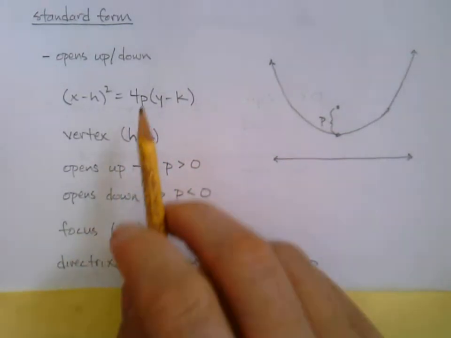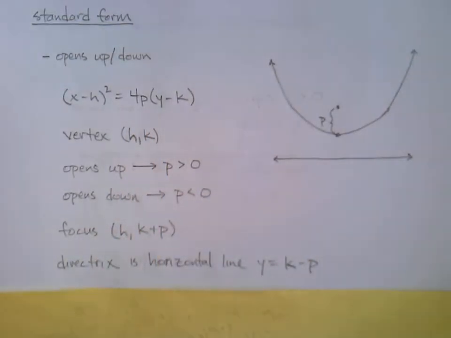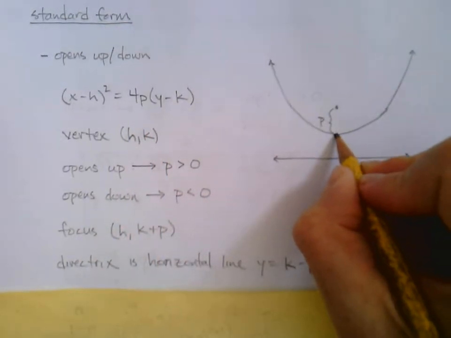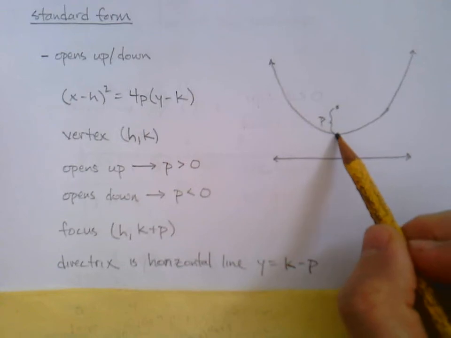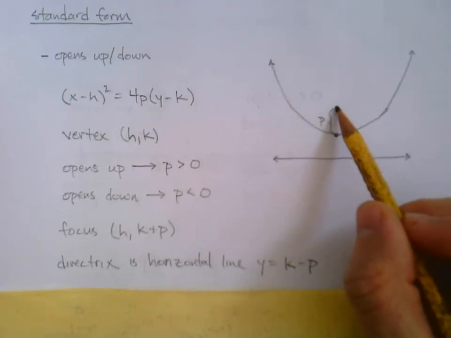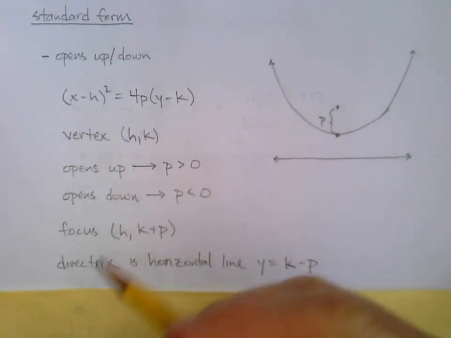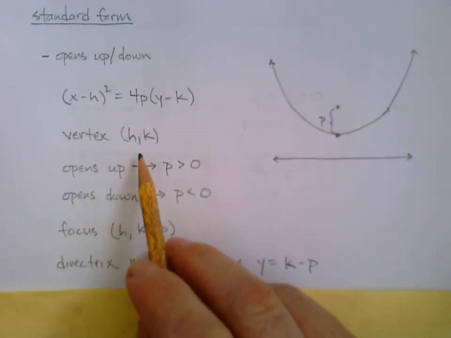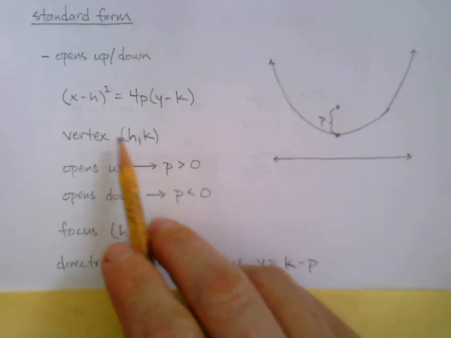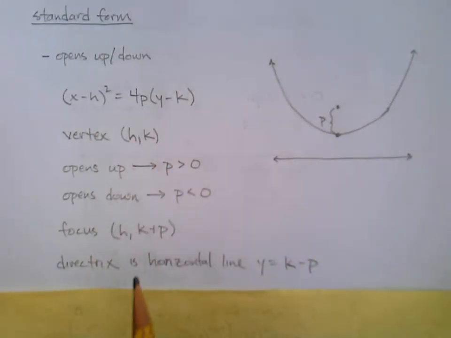Okay, so what's the deal? What's up with the p, etc.? P is the distance between the vertex and the focus. So let's see how this plays out. The vertex, that's (h, k). That's how our x and y have been shifted in the equation.